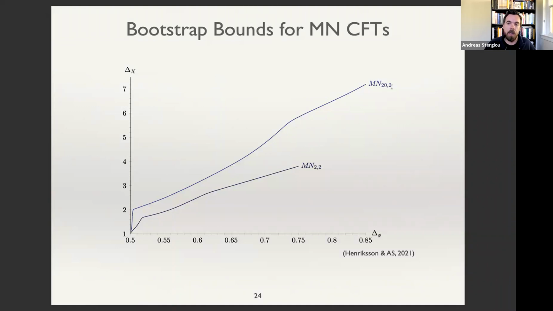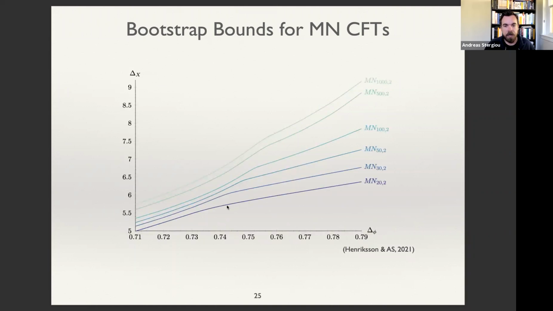But now I go to the 20,2 theory, and there is the very strong kink that is certainly the theory of the epsilon expansion, and then another, milder kink out here that persists. And we tried even larger m's, and we see the kink for the theory 30,2, 50, 100, up to the 1,000,2 theory. They all have this kink.